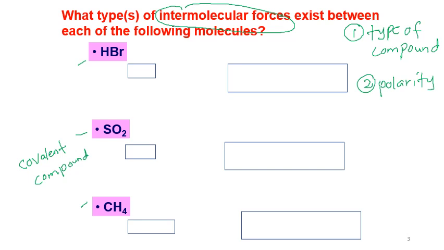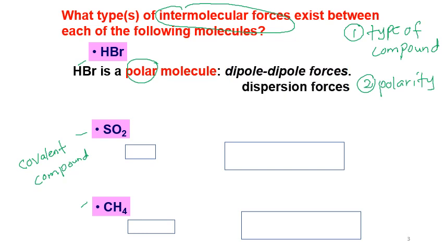HBr is a polar molecule. Just now we already had the idea that if it is a polar molecule, both dipole-dipole and dispersion forces are present between the molecules. Because in HBr, hydrogen is always partially positive, while Br is always partially negative. Dispersion force appears in all molecules, no matter polar or non-polar.